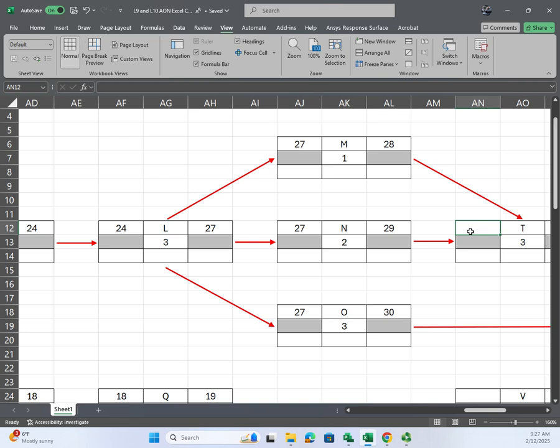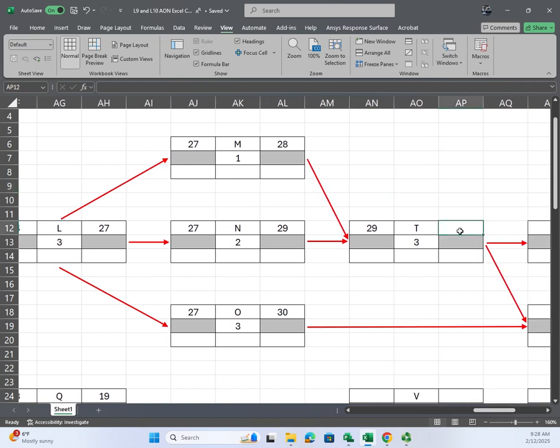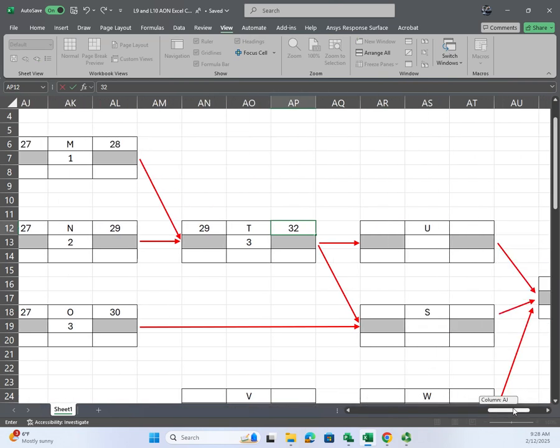If you get this wrong. I know the definition. What did you pick, Seth? The longest one. The longest one, which is? N. So 29. Okay. So T is going to be what now? 32. Cool. And we're moving forward here.